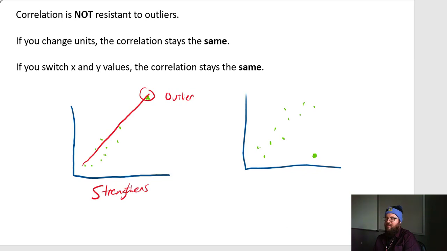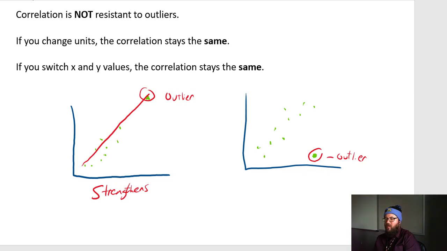So now instead of falling within the form of the data that's being dot plotted there, it's pulling away from it.